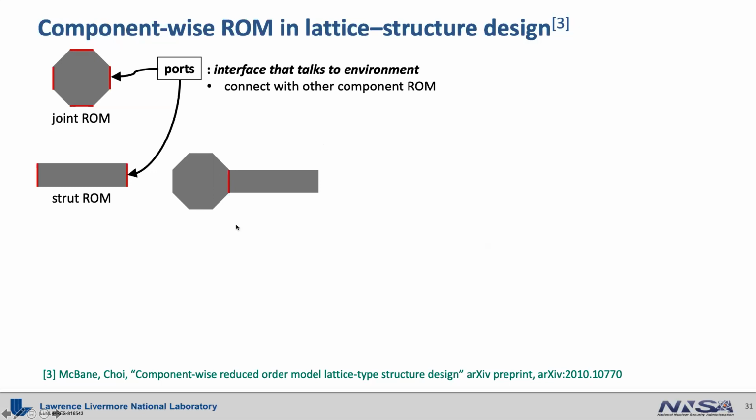But of course, the component-wise reduced model they have invented is only applicable to linear problems for now, for obvious reasons, right? For the nonlinear problem, it's harder. You lose the assumption of linearity, which they strongly used in their component-wise reduced model formulation.